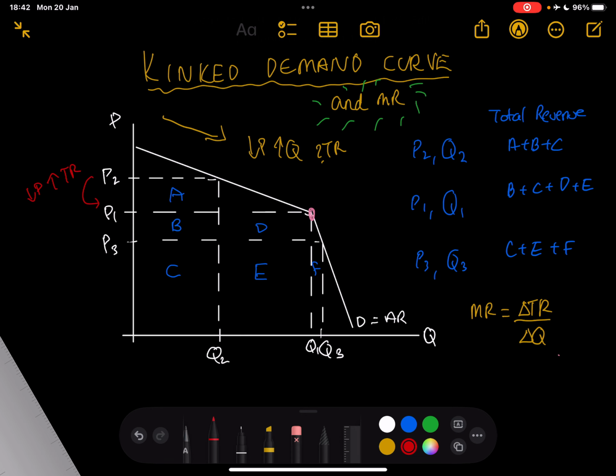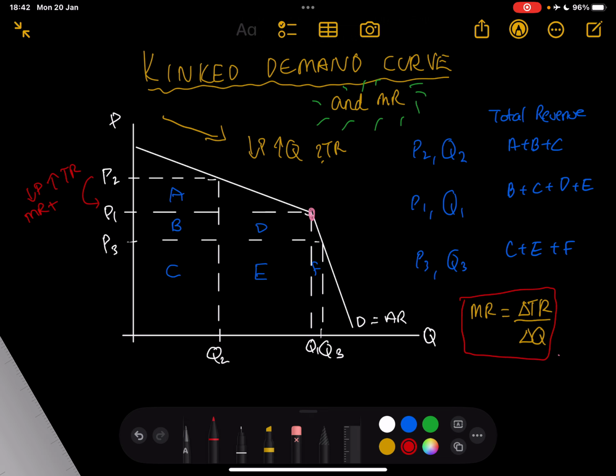That means MR, being the change in revenue, is going to be positive because revenue is increasing as we increase the quantity from Q2 to Q1. So we would expect the MR to be a positive number going from P2 to P1.